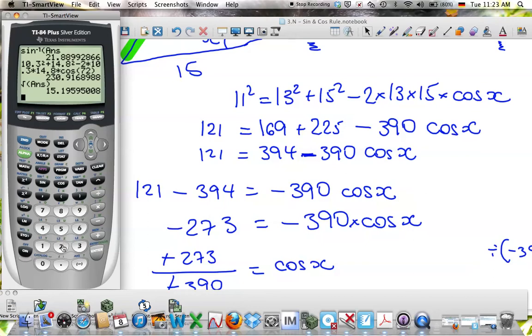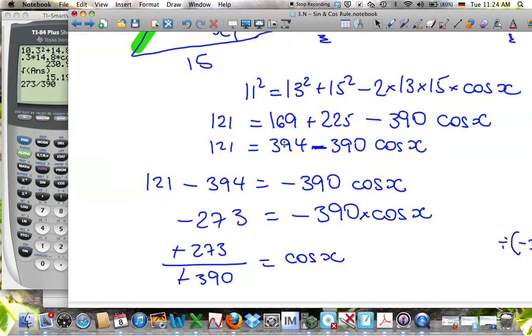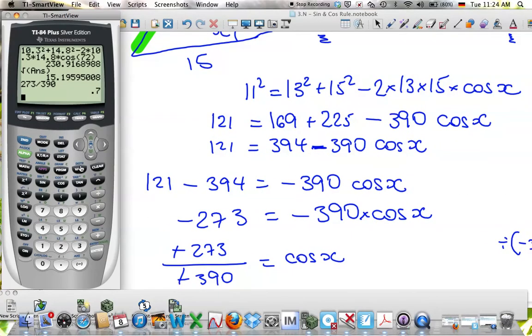Right, so now into our calculator, we type in 273 divided by 390, which actually gives us 0.7. That's fairly easy, so we could write it down, but we can just store it in the calculator as well. That gives us cos x. We want x itself, so we need to do inverse cos of our answer.